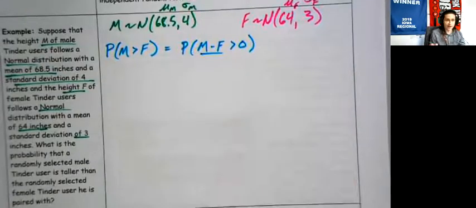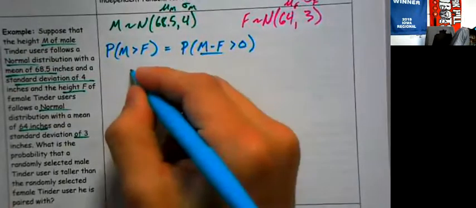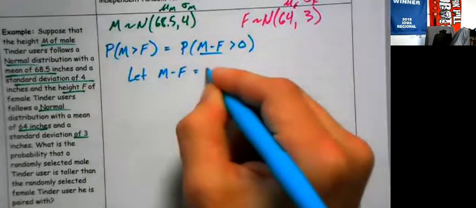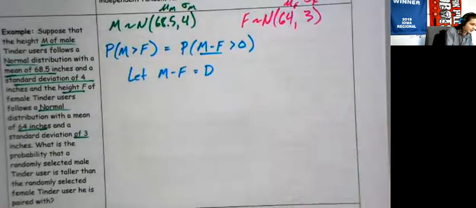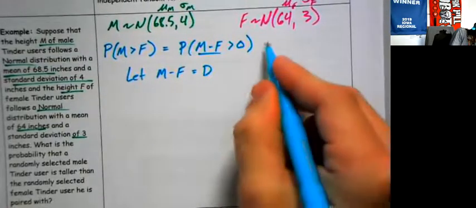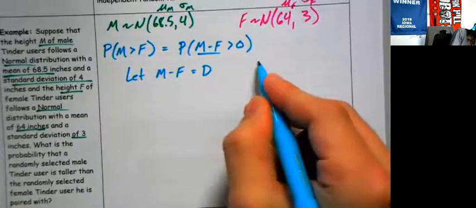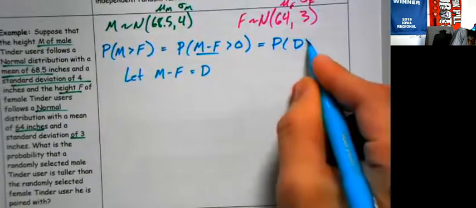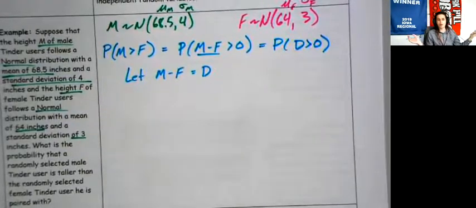We could call that the difference D. So let M minus F equal D, the difference. So now we could say we're trying to find the probability that D is greater than 0. Well, now we just need to figure out, what's the mean and standard deviation of D?